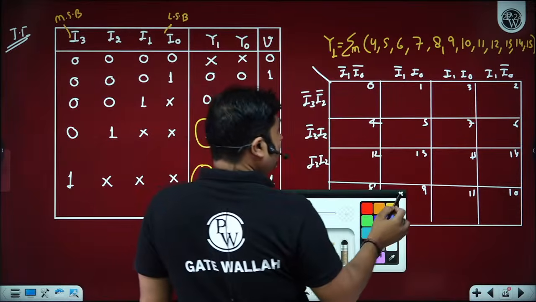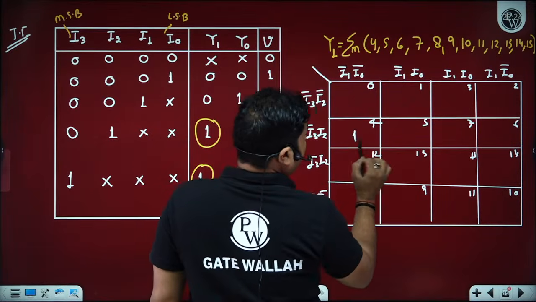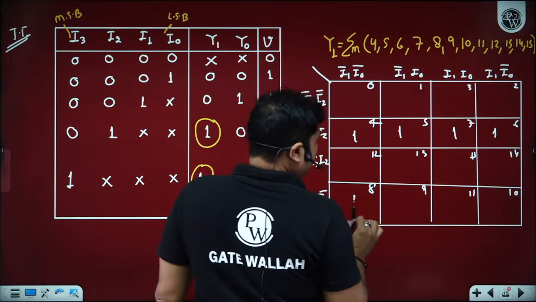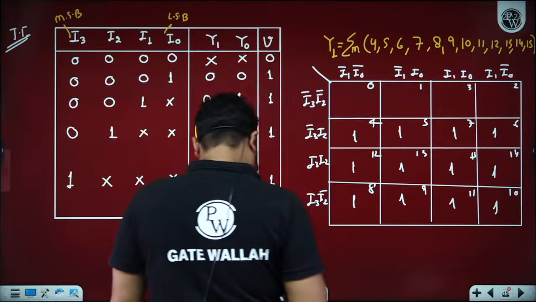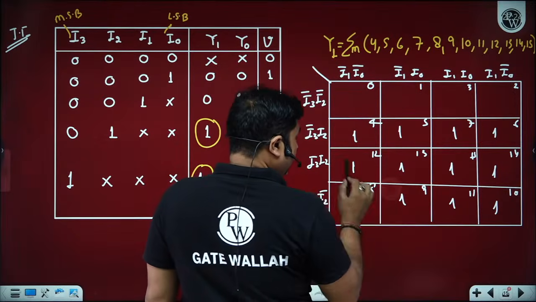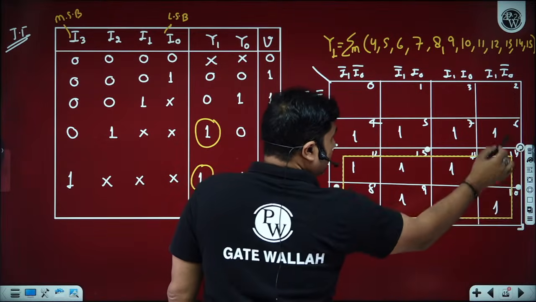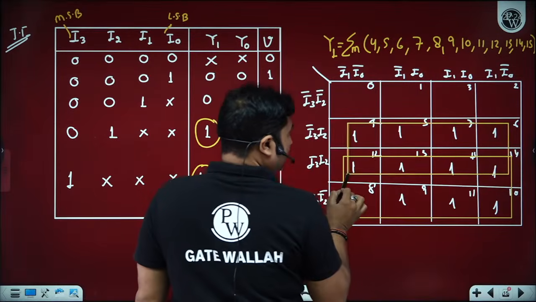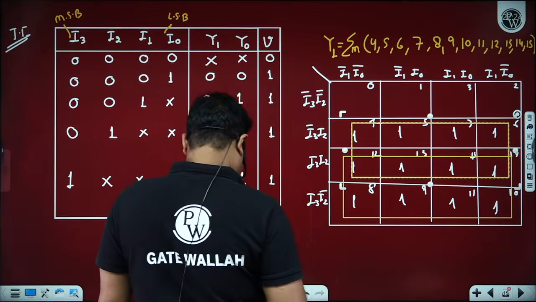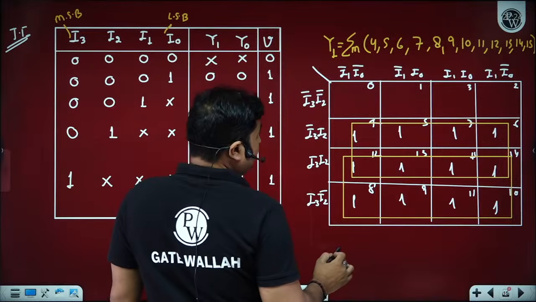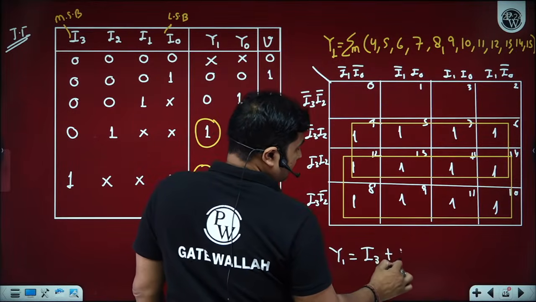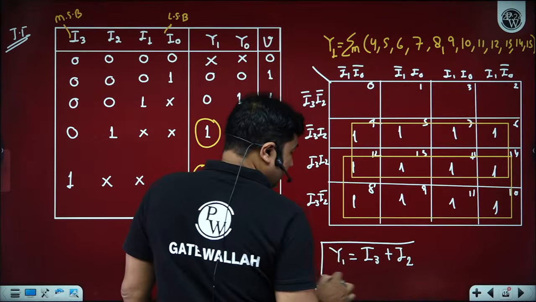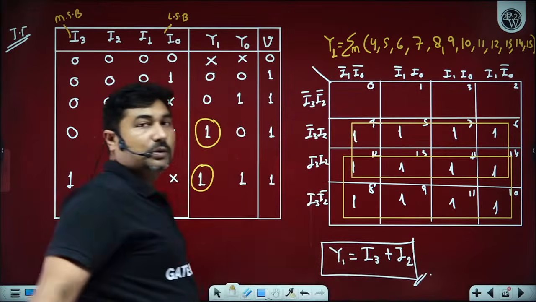We are getting output high on the binary condition of 4, 5, 6, 7, 8, 9, 10, 11, 12, 13, 14, 15. So we have two octets, this one and this one, and from these two octets we have, beta ji, tell me, y1 will be equal to I3 plus I2. So we have the minimized logical expression for the output y1.